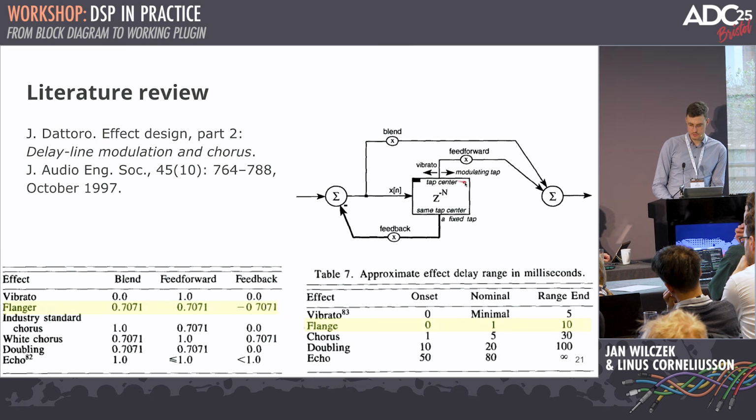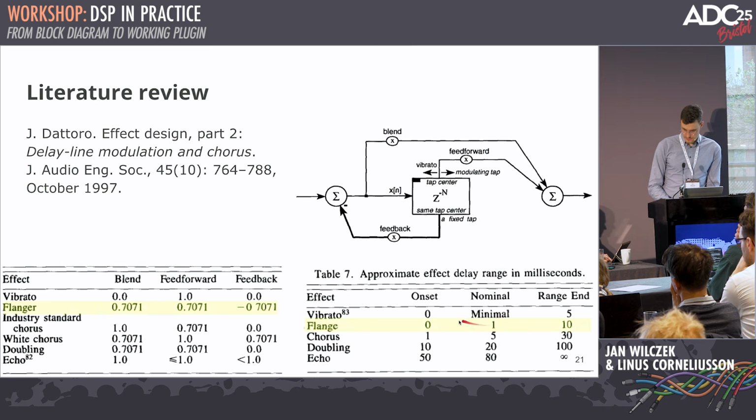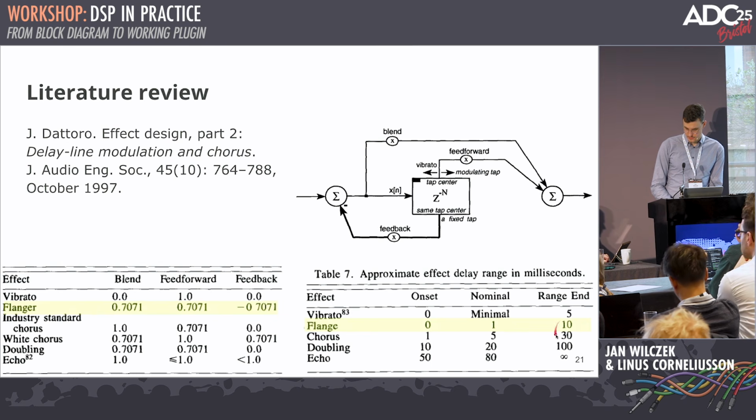One path goes directly to the output, and the other path goes into this delay line. And out of this delay line, there's a feedback back to the input, but there's also an output that changes, right? It's a variable delay line. And this is what's regulated by some oscillator, which we typically call a low frequency oscillator. And as we see in the table, it goes from 0 to 10 in the period, right?